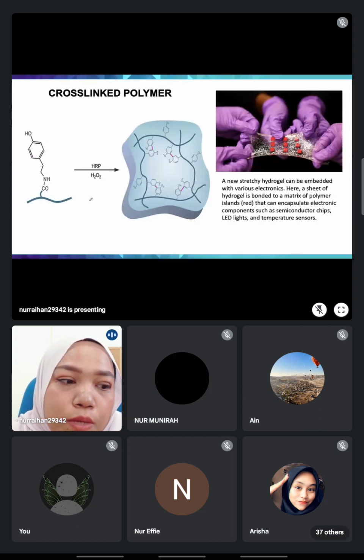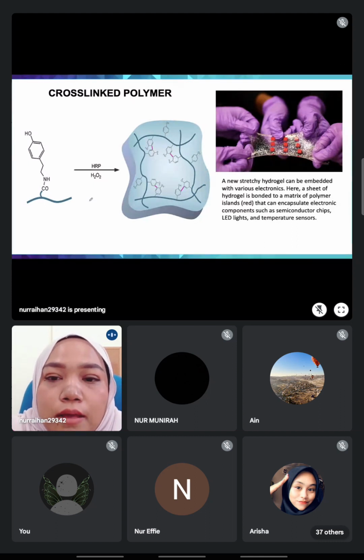But when you press or push that absorbent material, they will release the water back. This is the normal condition of the absorbent material.